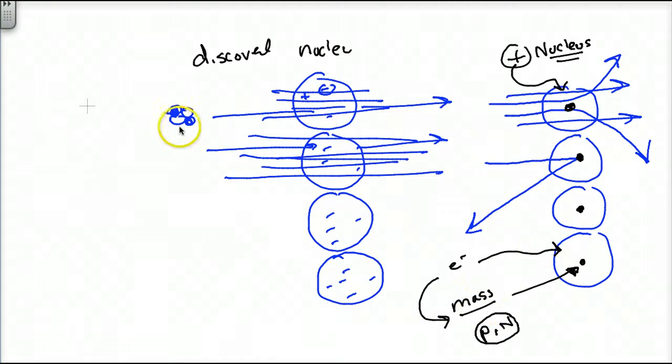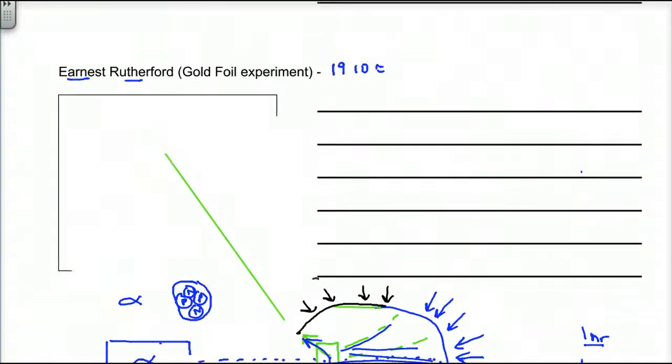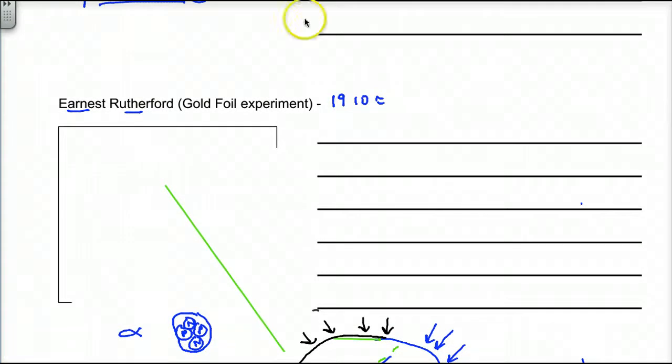So for the first time, we're putting together a model of the atom where we have this very dense, thick nucleus. It's positively charged, and most of the atom must be just empty space where electrons are. So let's go back to our drawing. The Rutherford model is nothing more than having a nucleus filled with protons.